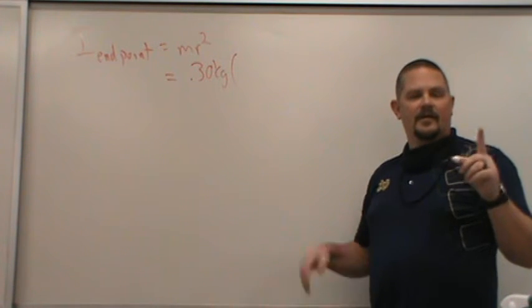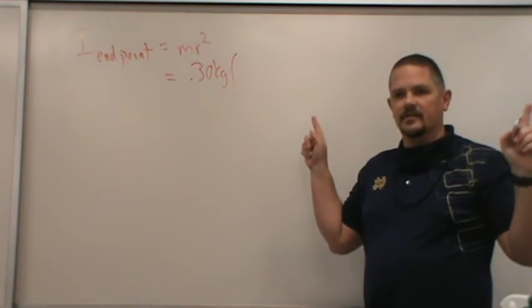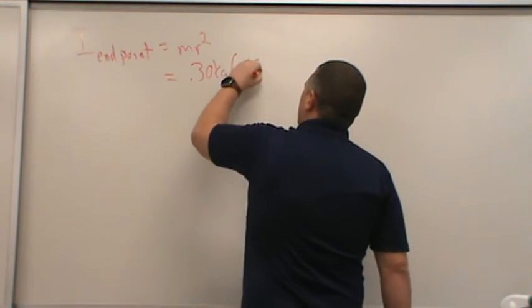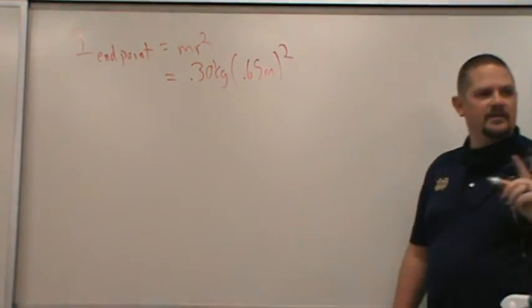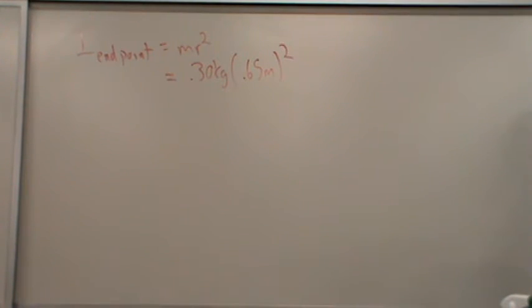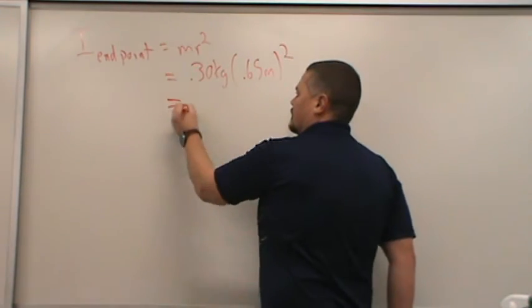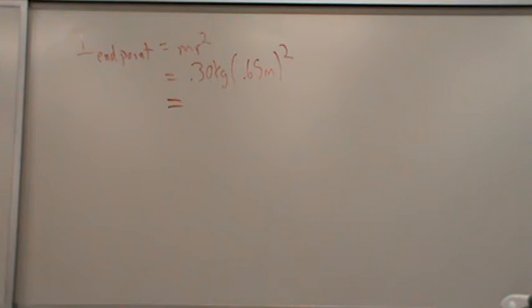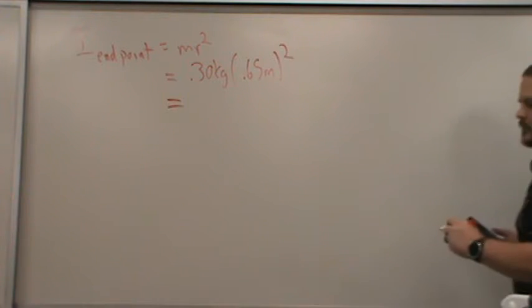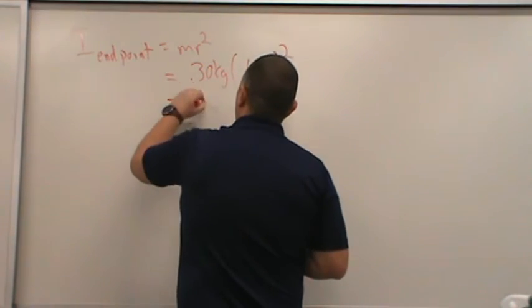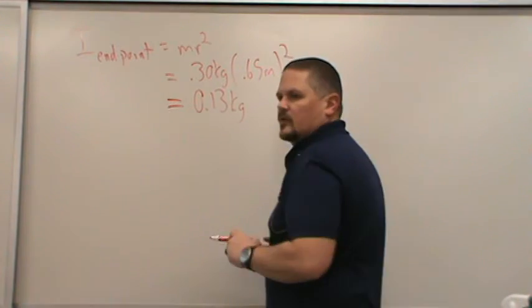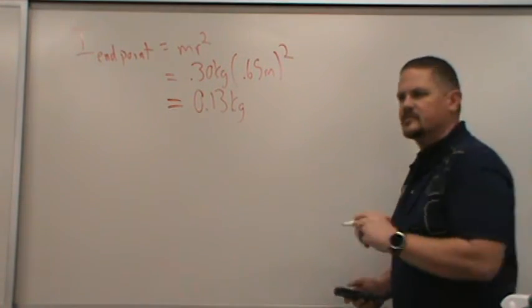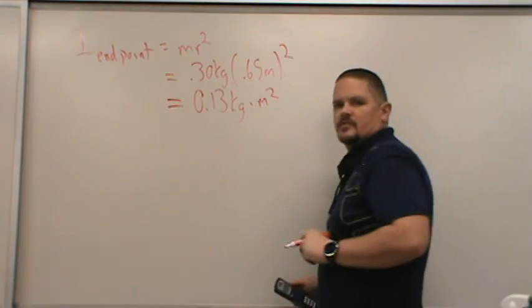It's going to be the whole distance of the baton. So instead of the 0.325, we're going to take the 0.65 meters. 0.3 times 0.65 squared. I'm coming up with right around 0.13 kilograms meters squared.